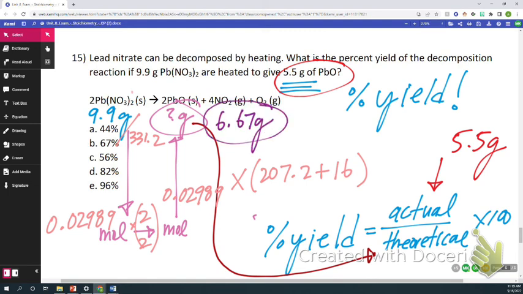That, everyone, is the theoretical. So it's 5.5 divided by 6.67 times 100. And I got around 82%.